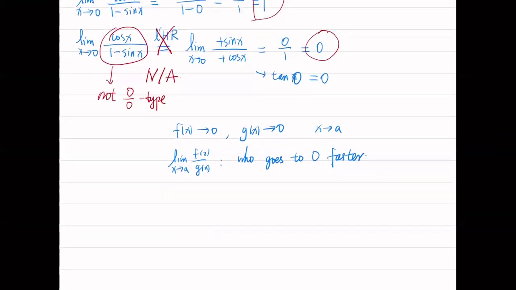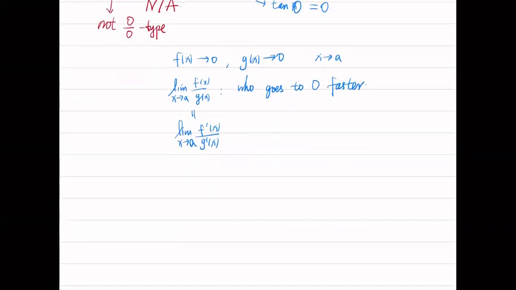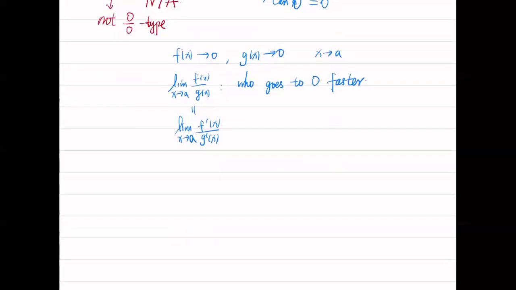To check who is faster, we can go to the limit of the derivative. Okay, let's have some simple ones.